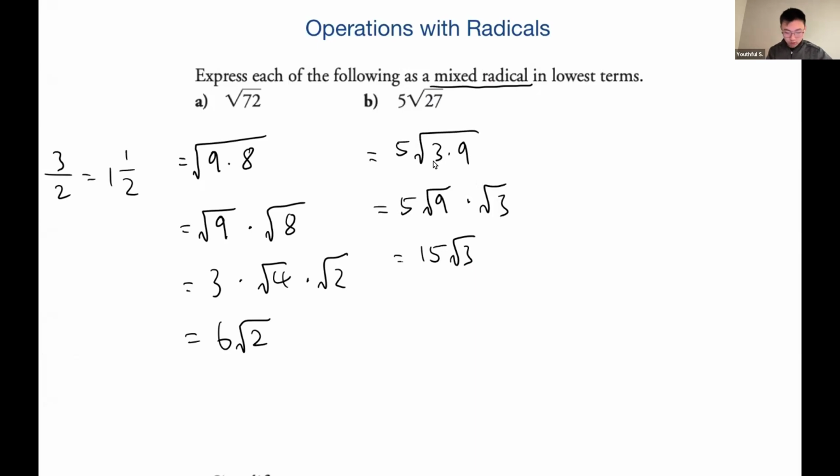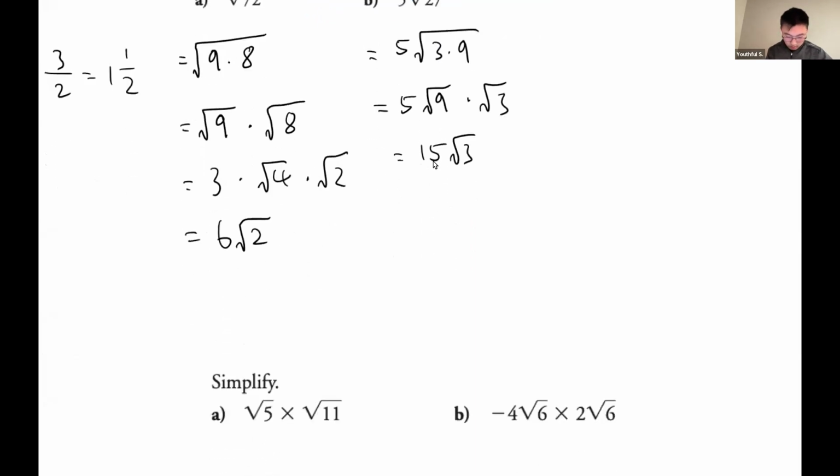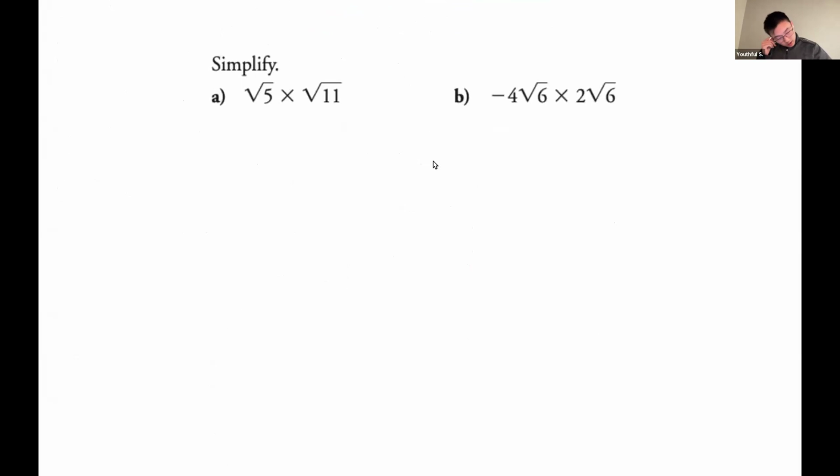So that's the lowest terms. In that case, we can also reverse it. If they have this, we can say that this is equal to the square root of 5 times 11, which is equal to the square root of 55.